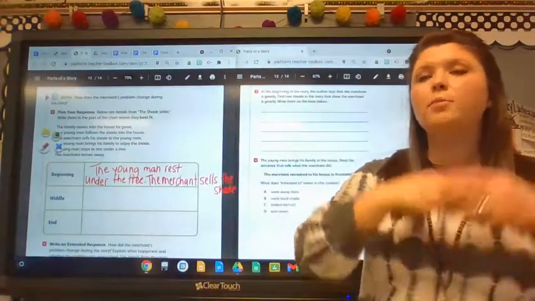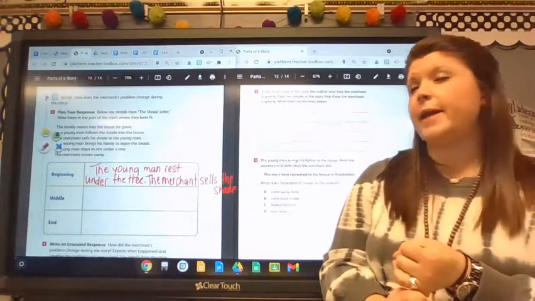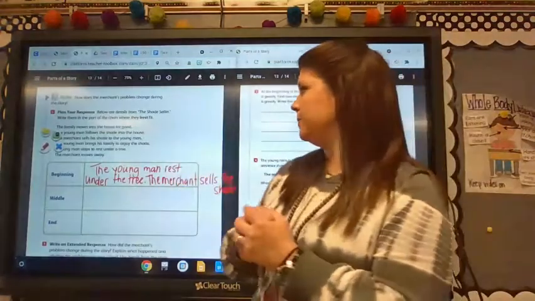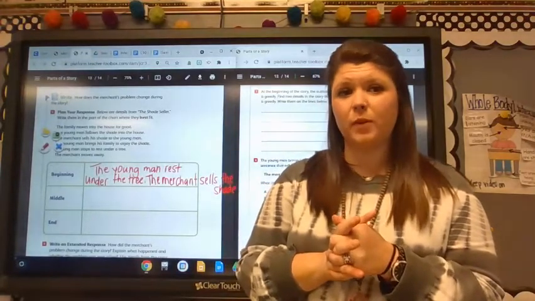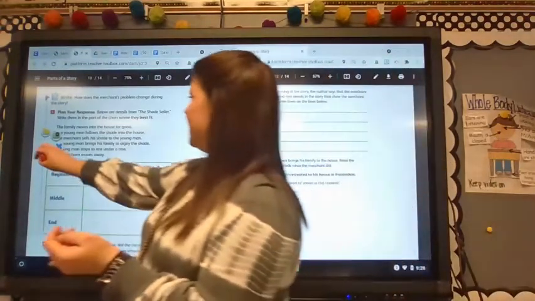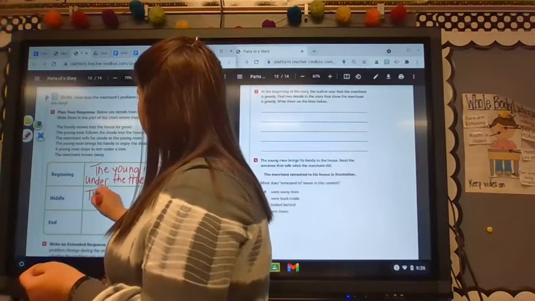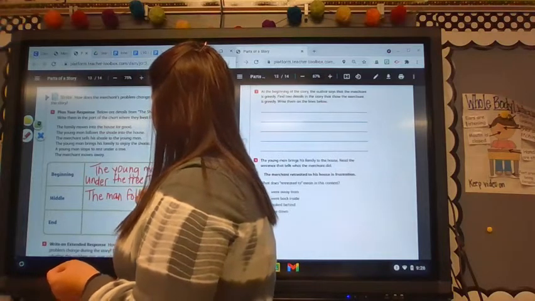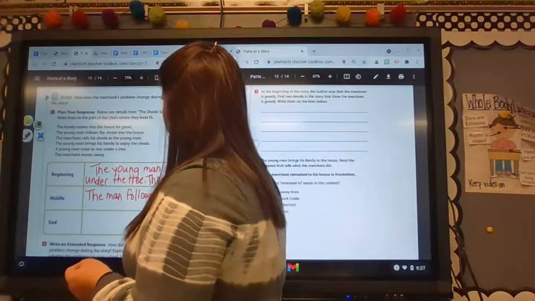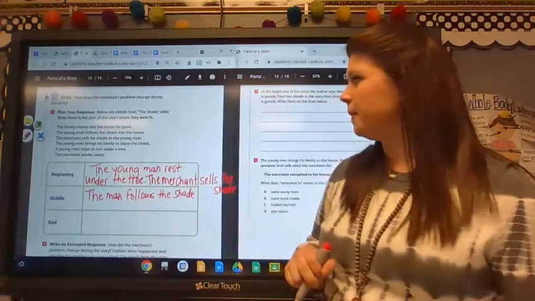How does our problem grow? The merchant sells the shade to the man, so now what happens? When the shade moves, what does the man do? The man moves. So the man follows the shade. Okay?